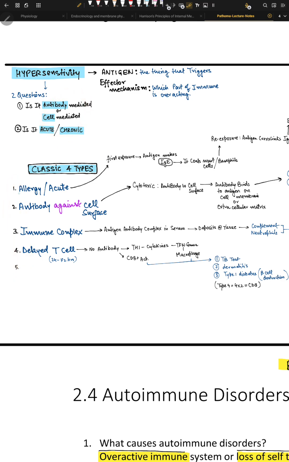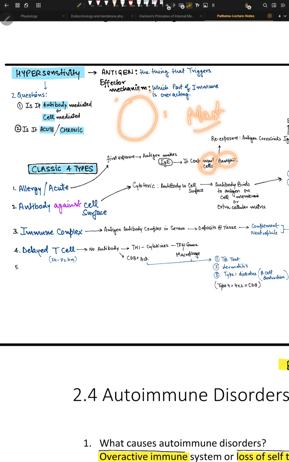First is allergy, and this is a very acute form. What happens is that you get a first exposure, and the antigen makes something called IgE, that is gamma globulin E. Now this IgE coats, means it surrounds, the mast cell.